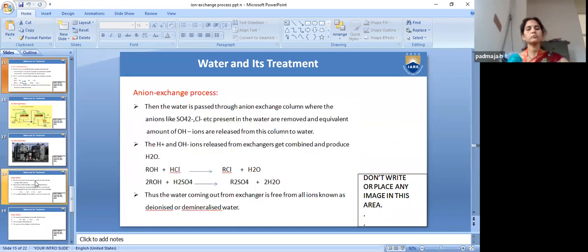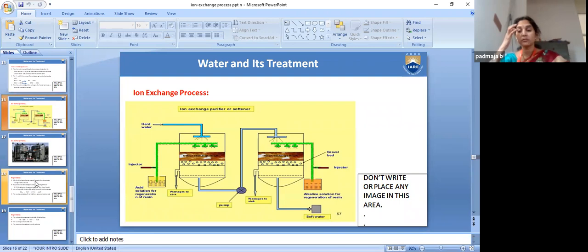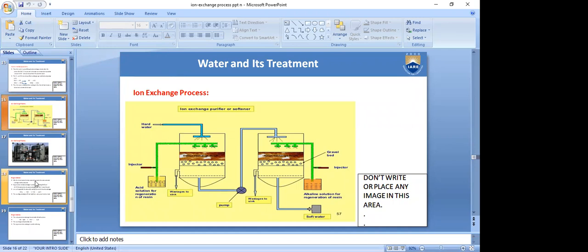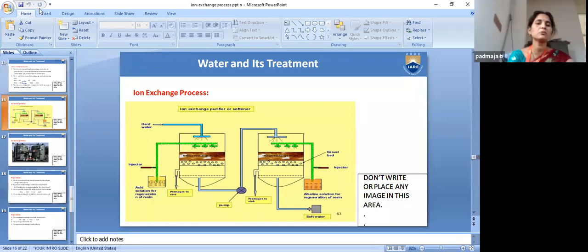Students, are you there? What happens when we pass hard water through the cation exchanger bed? Tell me. Now, four questions for you.